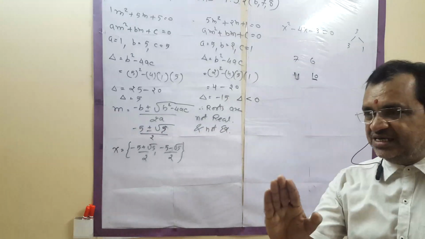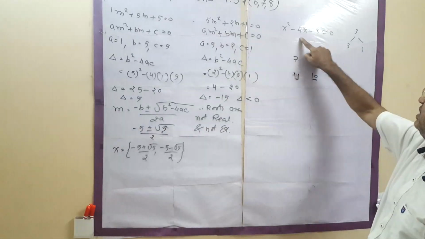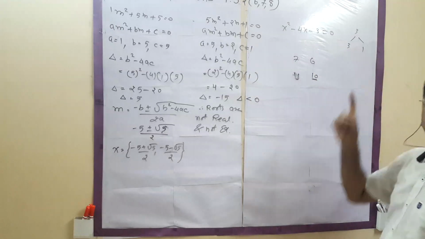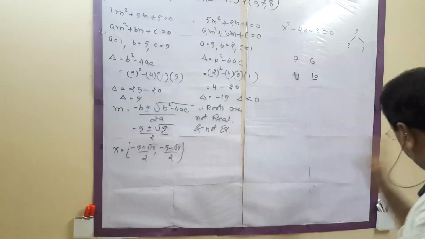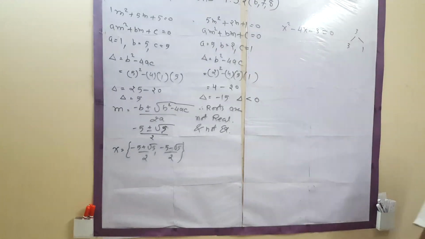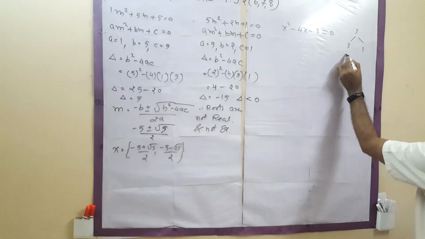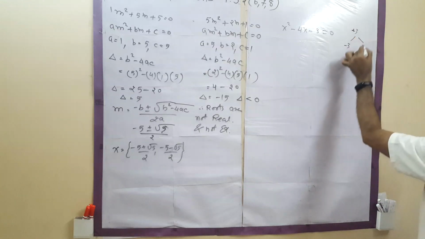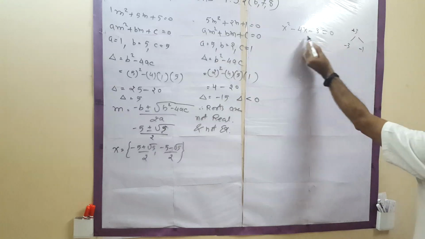B is next to C. So that time ones are only the factor. No other possibilities. Always remember that. So minus 1, minus 3, plus 3, and minus 3, minus 1, minus 4.